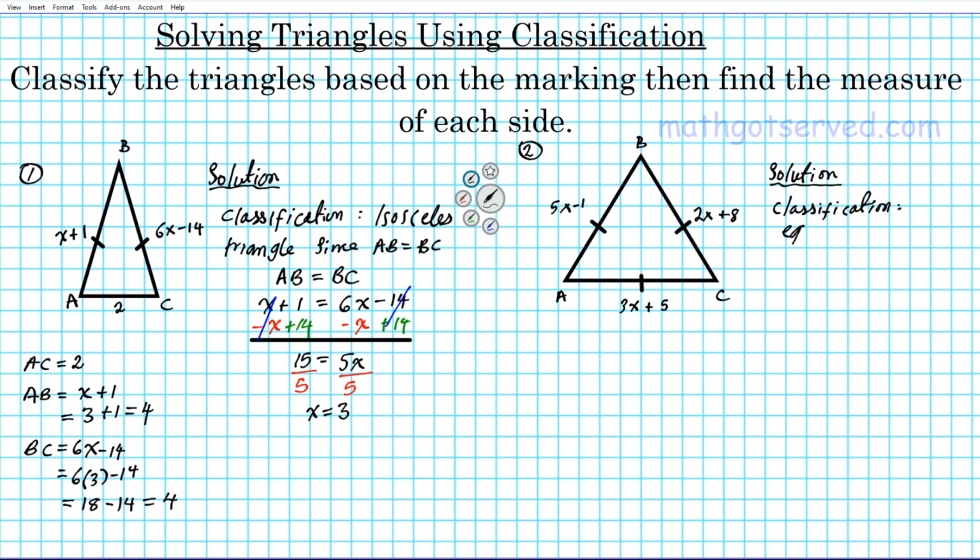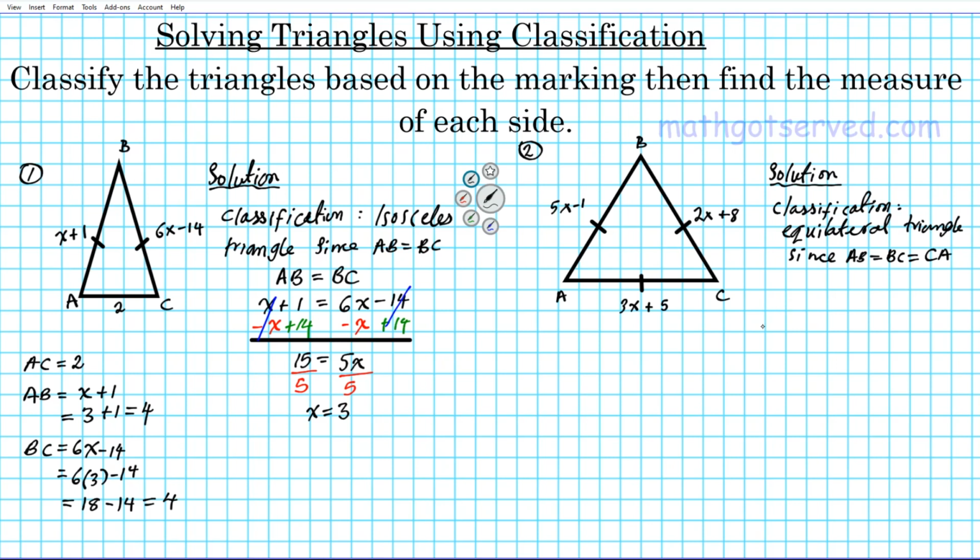This is an equilateral triangle because all three sides are the same. Equilateral triangle, since AB is equal to BC and that's equal to CA.